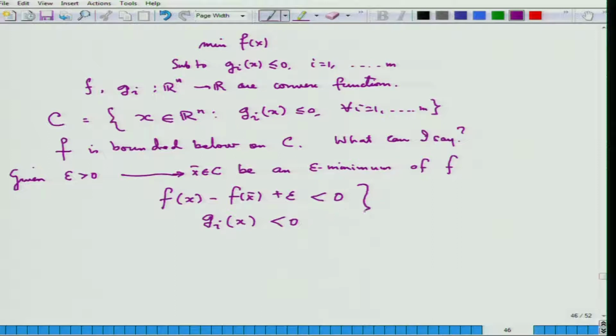So, this system has no solution, because if there is an x which satisfies this for all i equal to 1 to m, then that x breaks the fact that x bar is an epsilon minimum. That would lead to a contradiction to the hypothesis that x bar is an epsilon minimum of f. So, this system will have no solution.